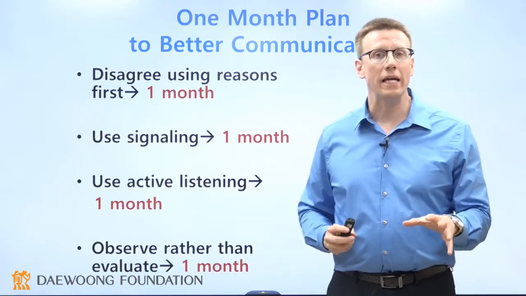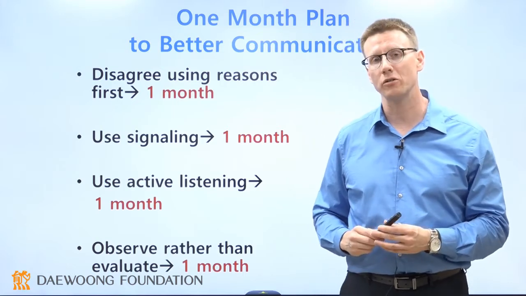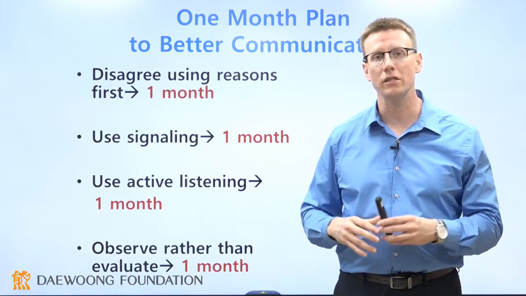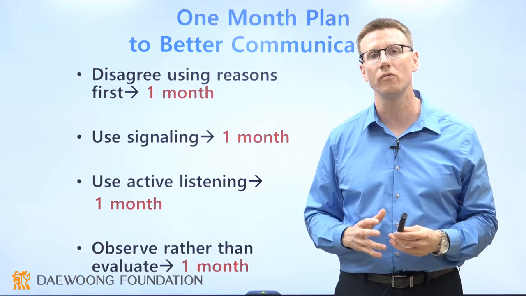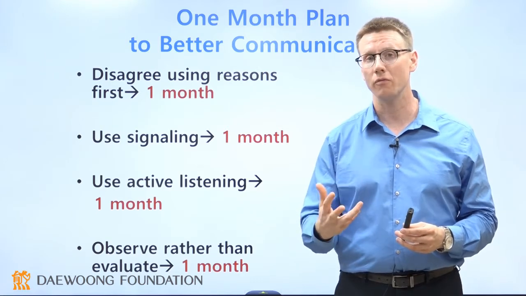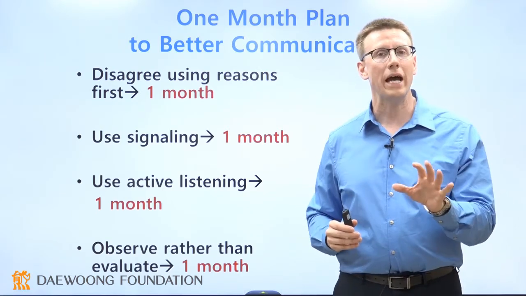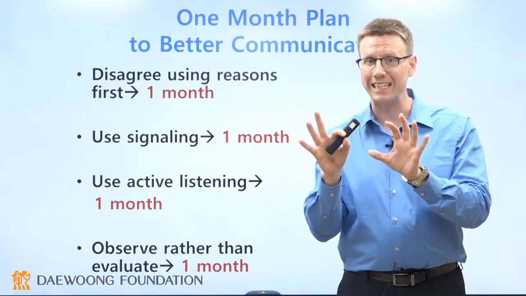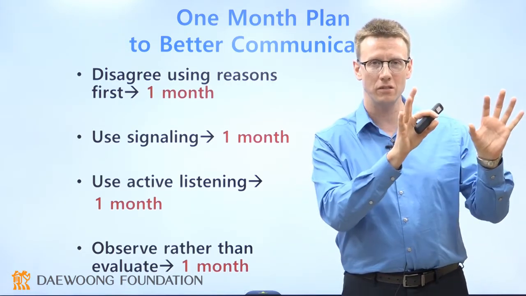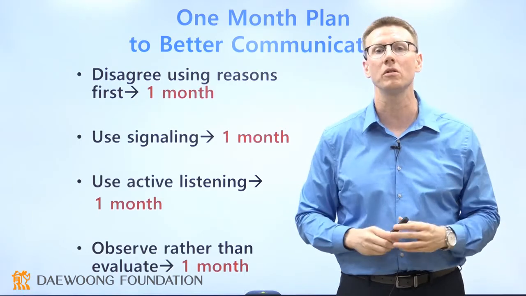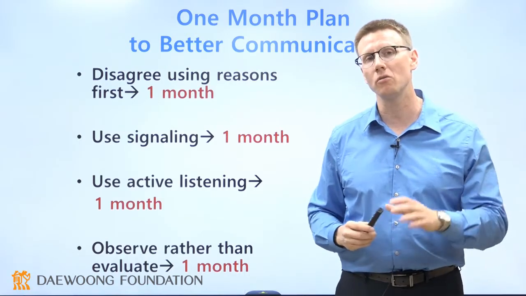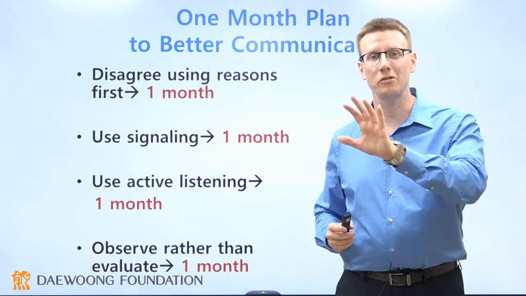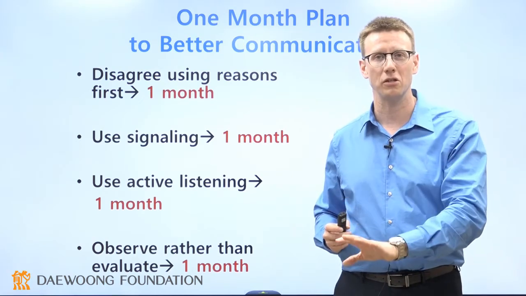So before I conclude this final lecture on effective communication skills, let's just go over what we've talked about so far in terms of handling conflict with others. We talked about how to disagree by putting reasons first and the disagreeing part at the end of your sentence rather than putting disagree at the beginning. That was the first one. The second thing we talked about is don't disagree with people, only disagree with ideas, opinions, and suggestions.